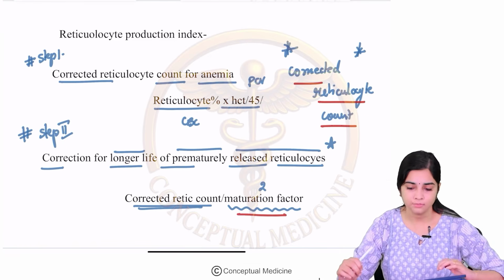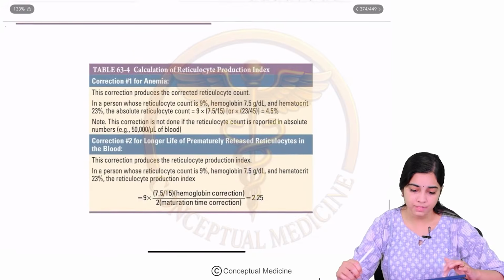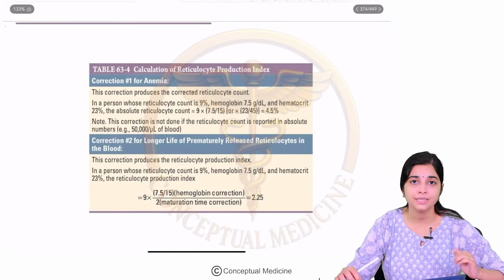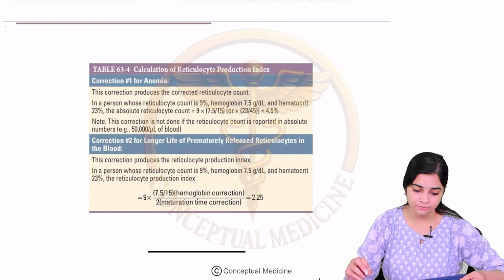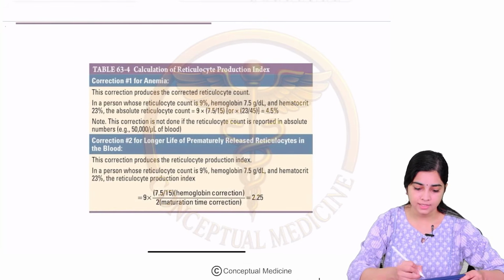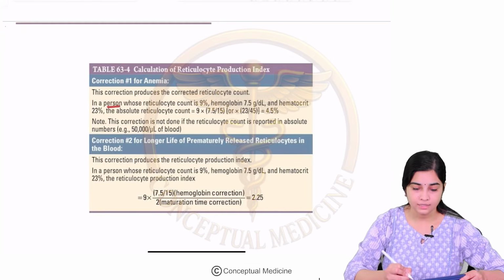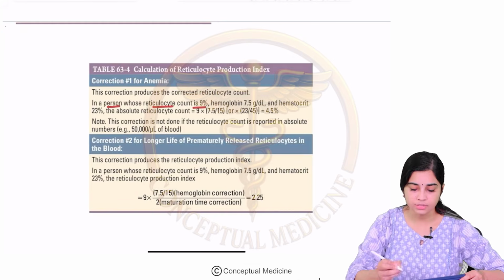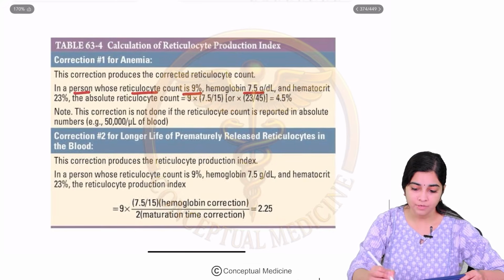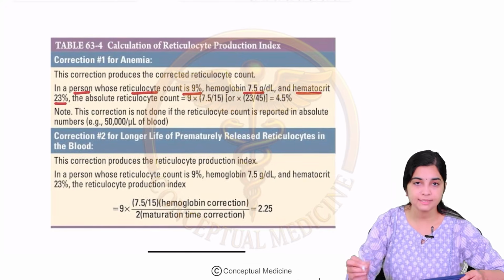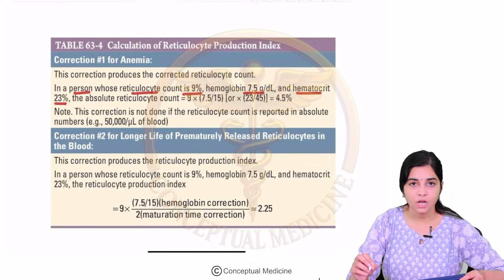So let us look at this with the help of an example. Okay, so how do you calculate the reticulocyte production index? So first is the correction for anemia. So let us say that a person has anemia and the reticulocyte count is 9%, the hemoglobin is 7.5 and the hematocrit is 23%, right? So how will you get the corrected retic count?